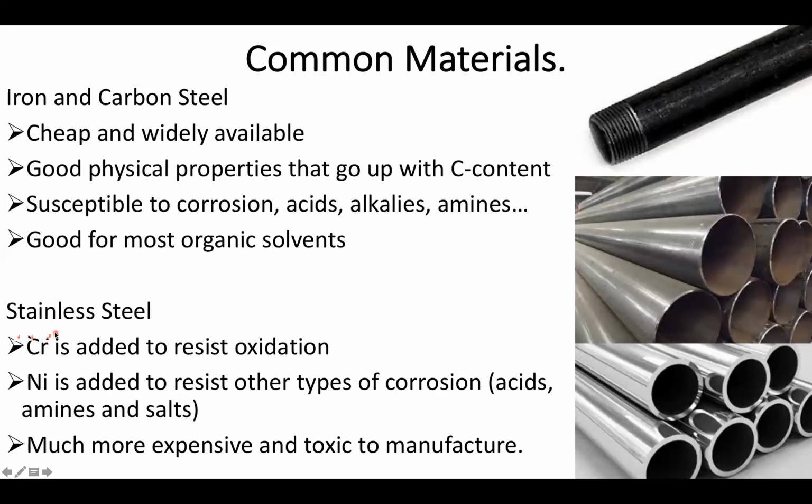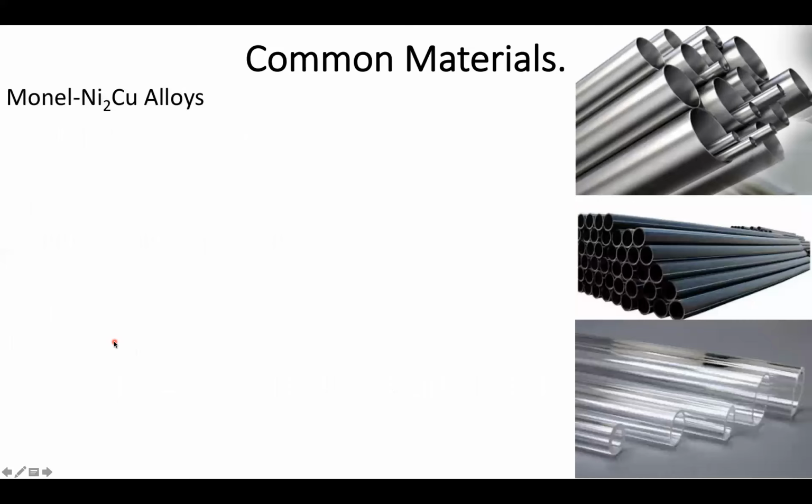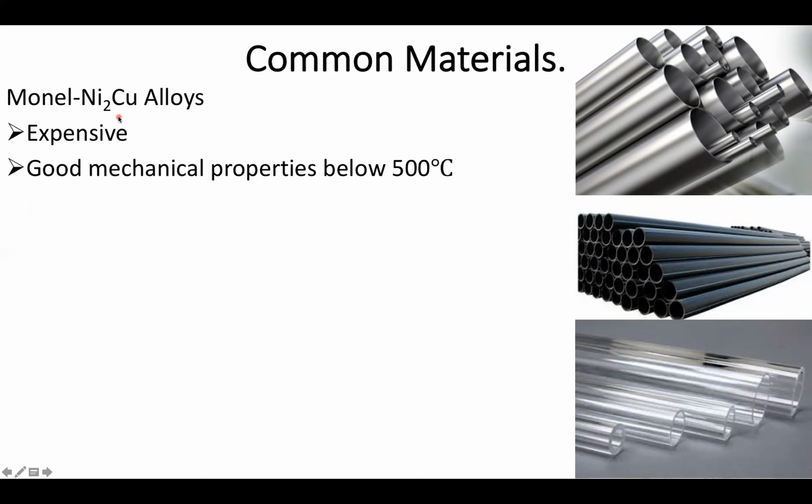However, sometimes our basic metals aren't exactly what we want to go for. We have to go for some things that are a little bit more exotic. So one of the good options out there is something called Monel. And this is essentially a nickel copper alloy. It's going to be a lot more expensive, but as long as I keep my temperature below about 500 degrees C, it's got great mechanical properties.